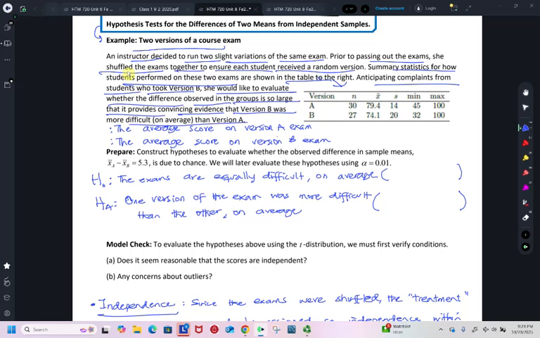How would we use this summary data, or summary statistics, to test the hypothesis here?